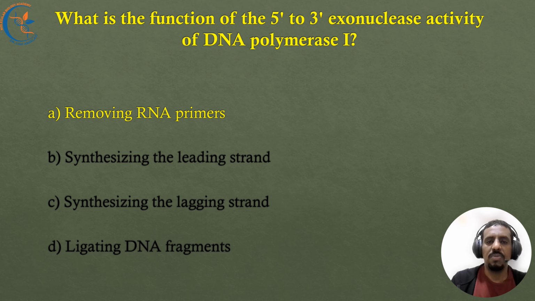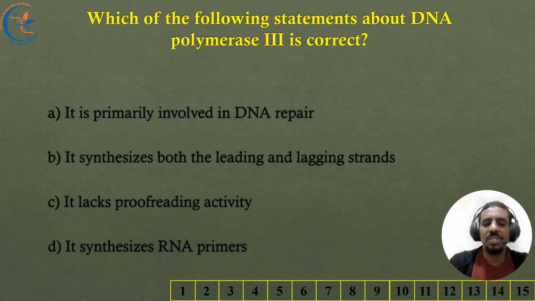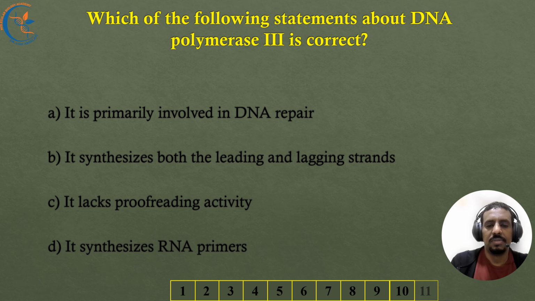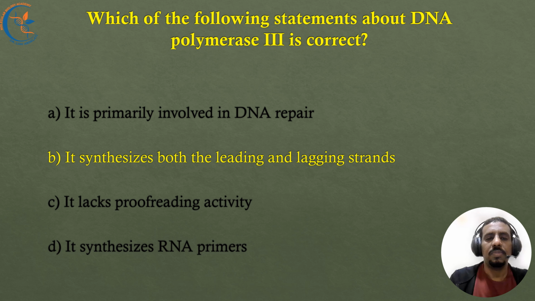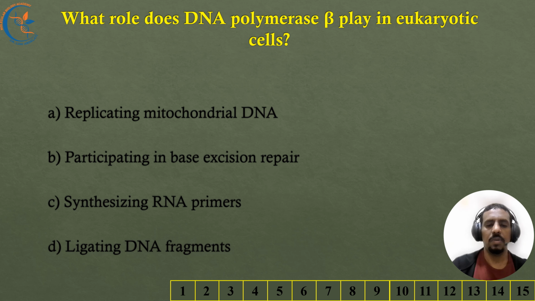All right, let's move on. Okay, next question. Which of the following statements about DNA polymerase 3 is correct? All right, DNA polymerase 3 is responsible for synthesizing both the leading and lagging strands during DNA replication in prokaryotes. All right, let's move on.